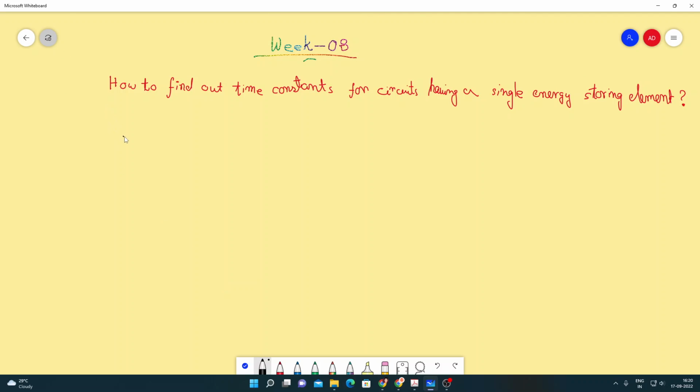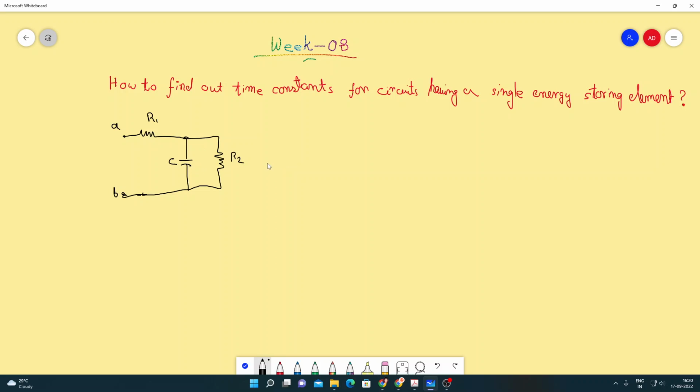This is the question. So let's take an example. Let us say we have this circuit. These are the load terminals. Let's say we name them A and B. Here we have a capacitor, only a single energy storing element, and we have two resistors R1 and R2.